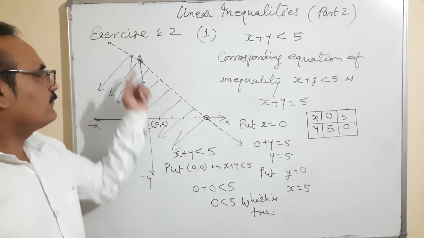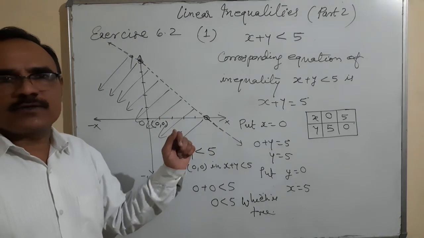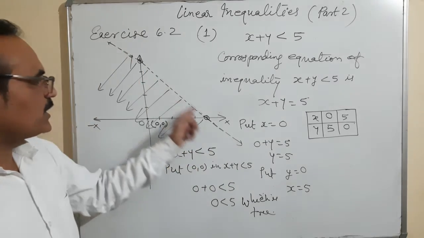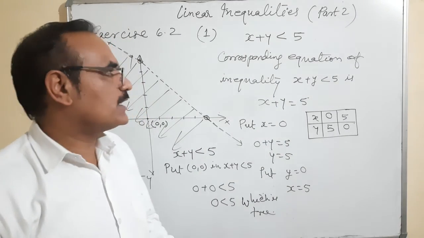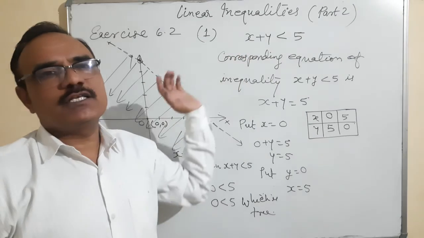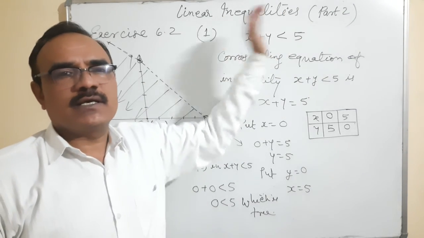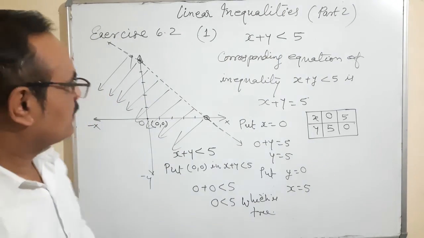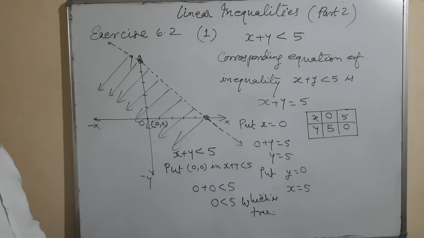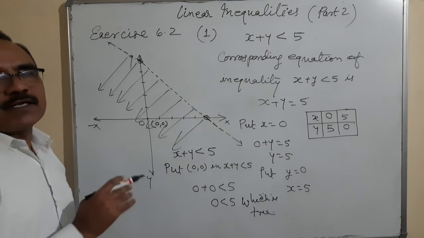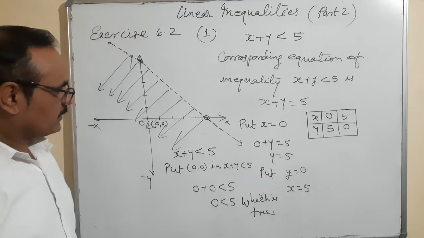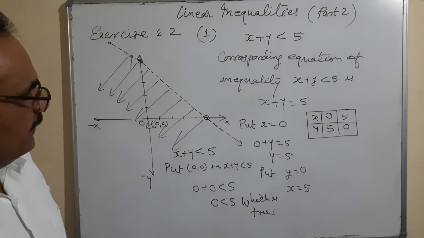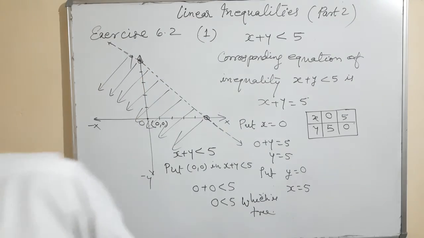And when we are using the dotted line, it means the points which are coming on the line are not satisfying this inequality. So that is the two-dimensional graphical representation of a linear inequality. Clear? So that is question number 1.